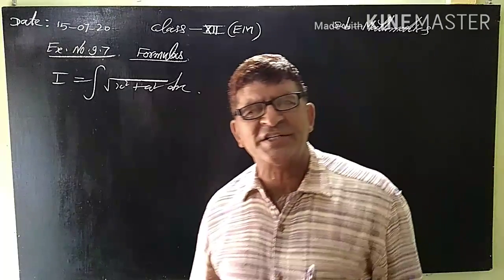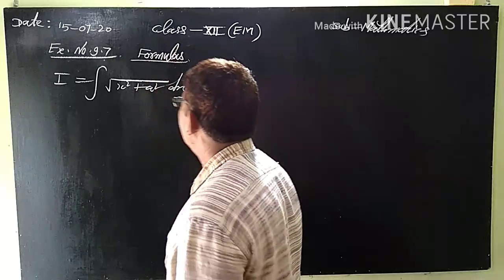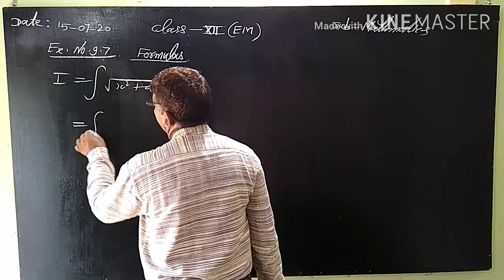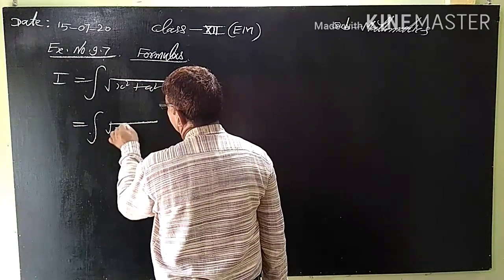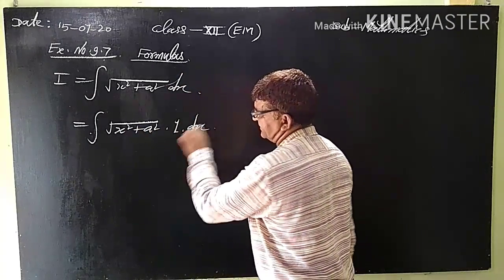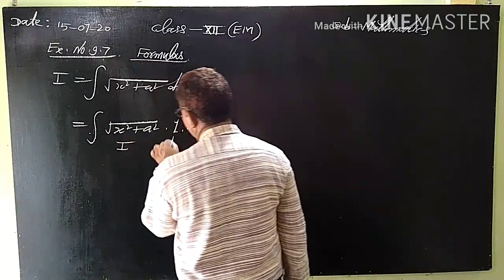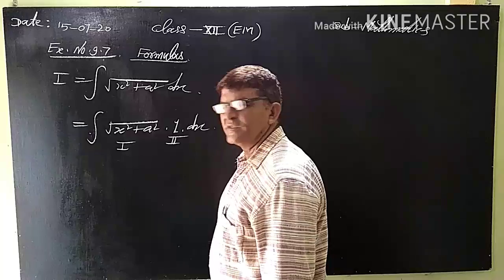Suppose this is a question, not a formula, and you have to take 1 as the second function: under root x square plus a square into 1 dx. This is the first and this is the second function.